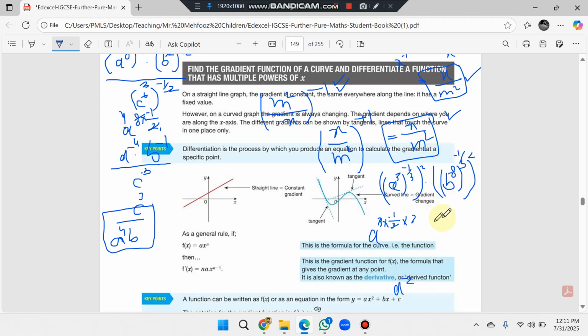Again, for this case, we can write it as b raised to the power minus 8 multiplied by minus 1 over 3 multiplied by 2. So it will become b raised to the power minus 16 over 3.